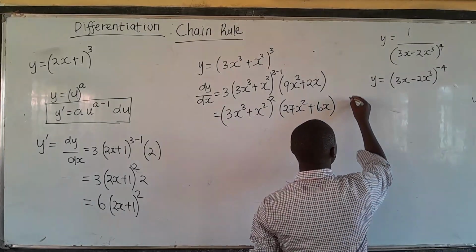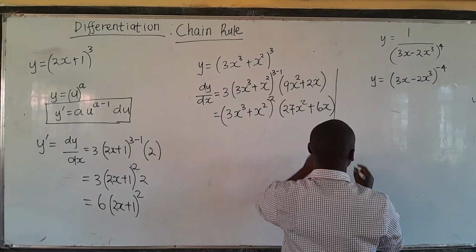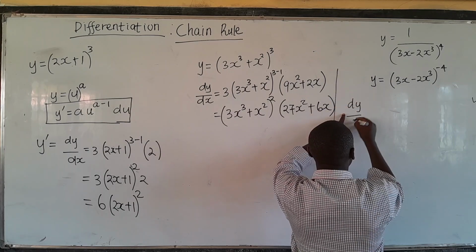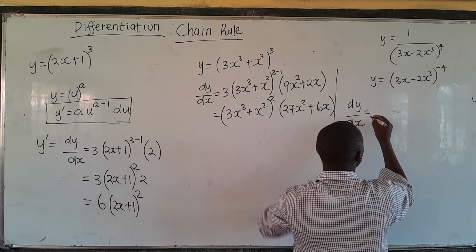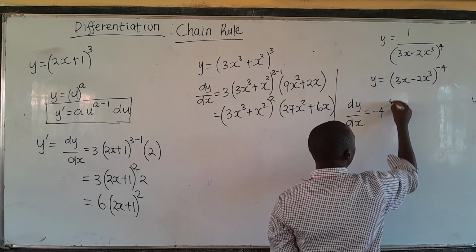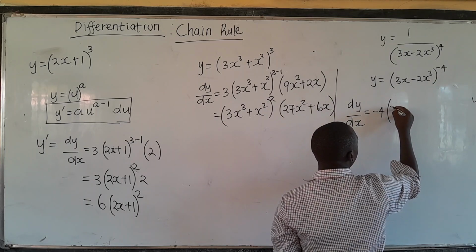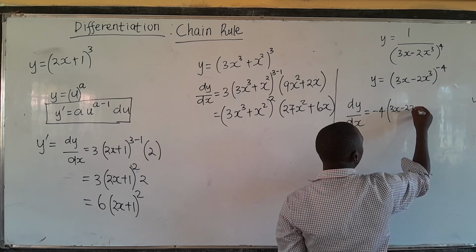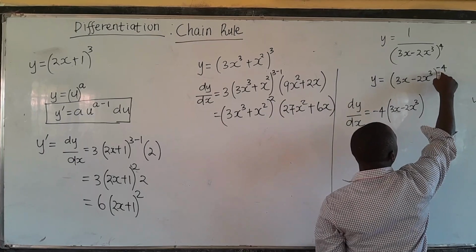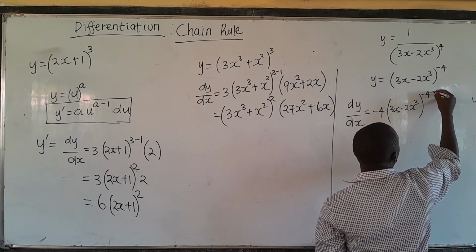So the first derivative, dy by dx, is going to be equal to, now we take the power, which is negative 4. We multiply that by the function, which is (3x minus 2x cubed). And then we are going to subtract 1 in the power, which is negative 4 minus 1.